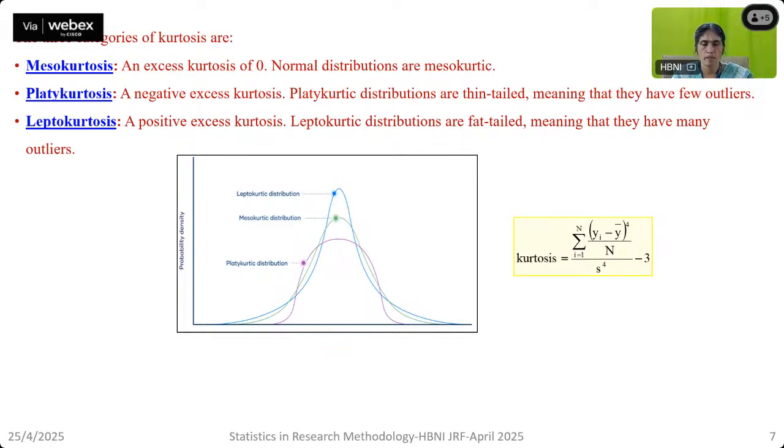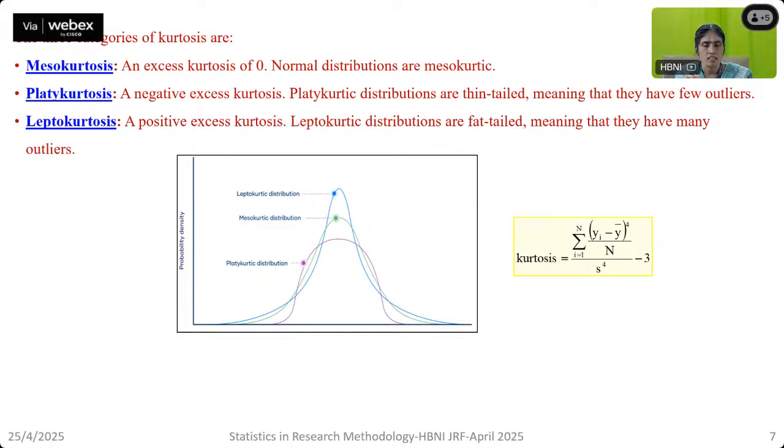Maybe the distribution may be symmetric or asymmetric, but tailing is heavy on a particular side. So if you see in this figure, the green curve represents the ideal situation or Gaussian distribution. There is no tailing. This tailing is called kurtosis. Kurtosis, if it is 0, you will see an ideal situation.